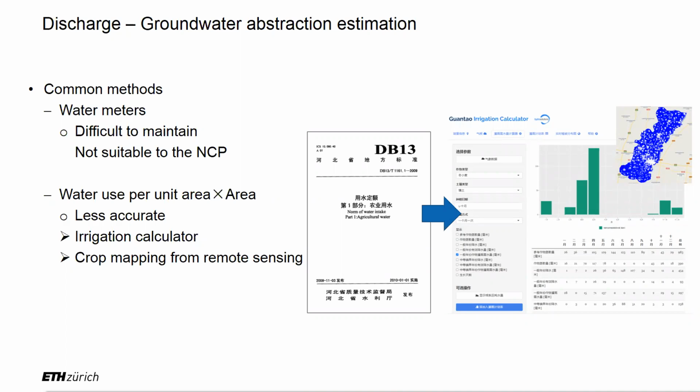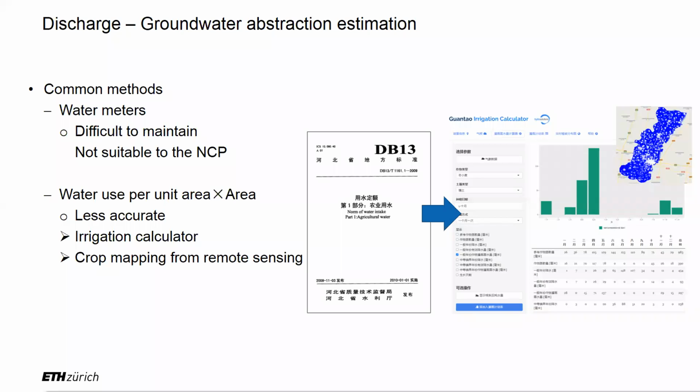One is the irrigation calculator, which will be introduced tomorrow, and also the crop mapping to estimate the irrigation area from remote sensing, which has been introduced yesterday. By these tools, we can estimate the water demand of the crop, but there is still a deviation from the actual water applied in the field.